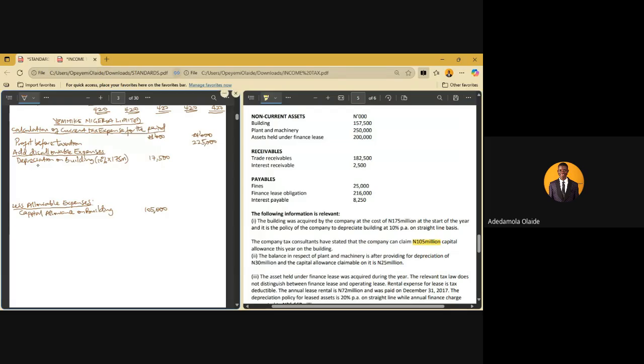So we'll say depreciation on plant and machinery, 30 million. Then they say capital allowance claimable is what? Is 25 million.